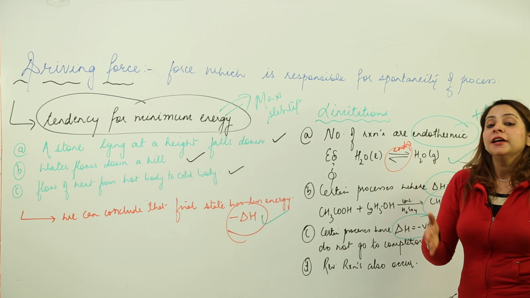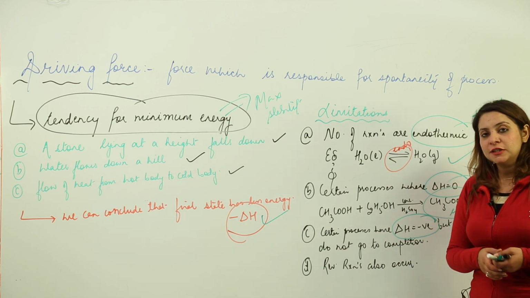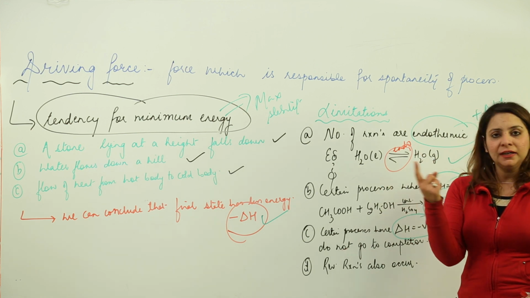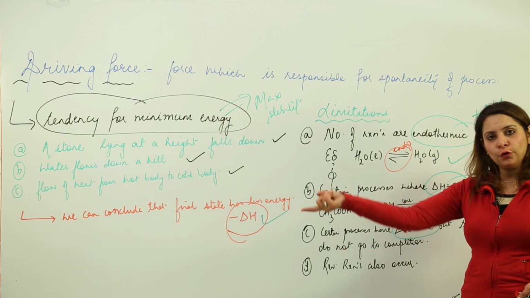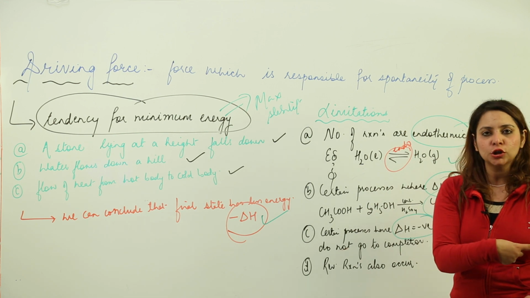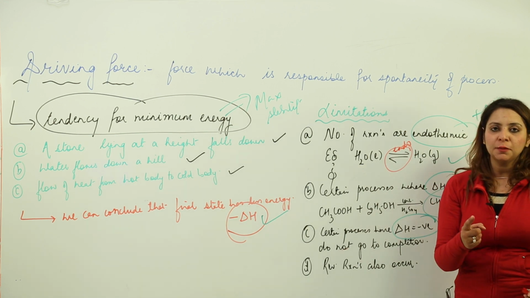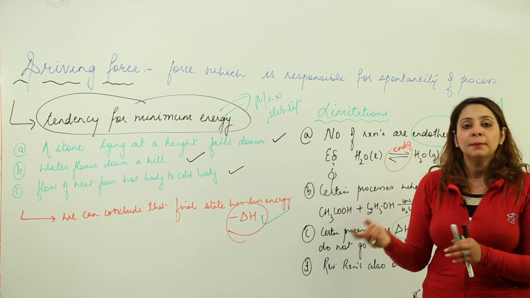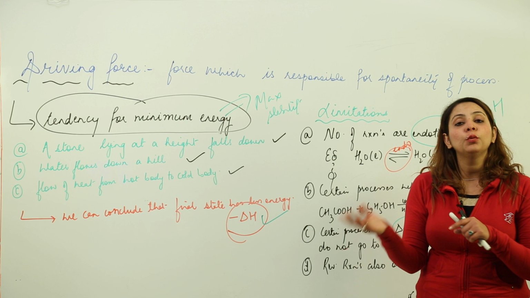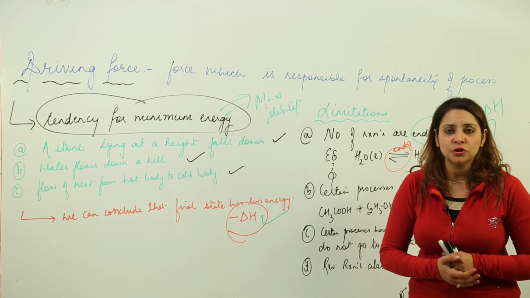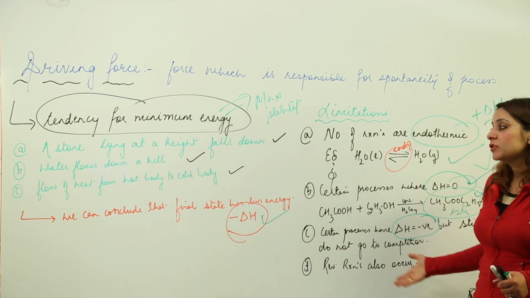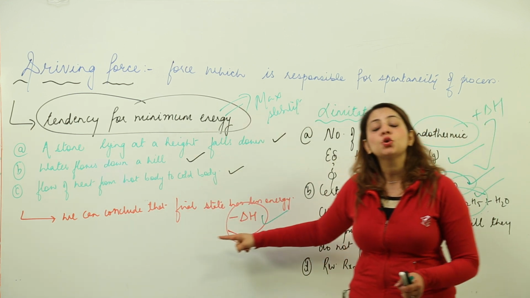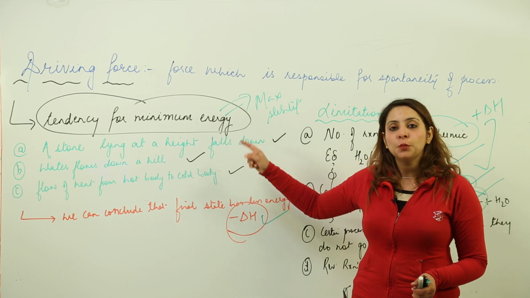But if we consider this kind of reversible reaction, obviously it is going to be exothermic on one side. It is never possible that it is exothermic in the forward direction and also in the backward direction. Obviously it is going to be minus delta H in either direction, not in both directions. But still they have a tendency to occur in both directions, that means the reversible reactions occur. So these limitations decide that this factor is not the only sole criterion which makes the process spontaneous.